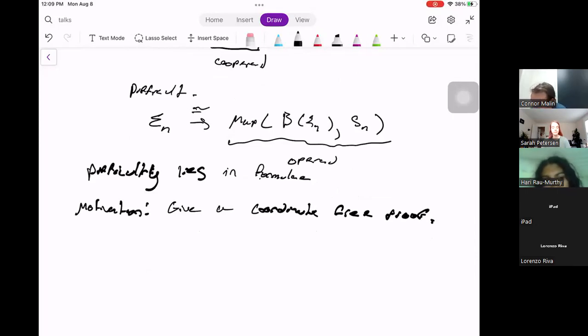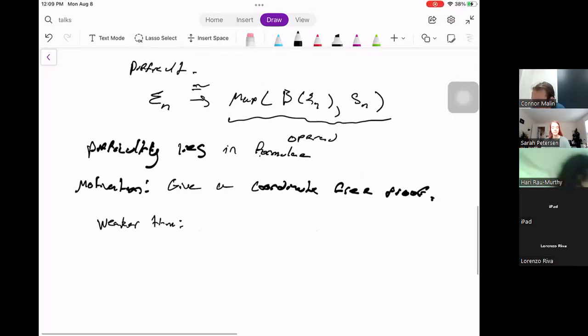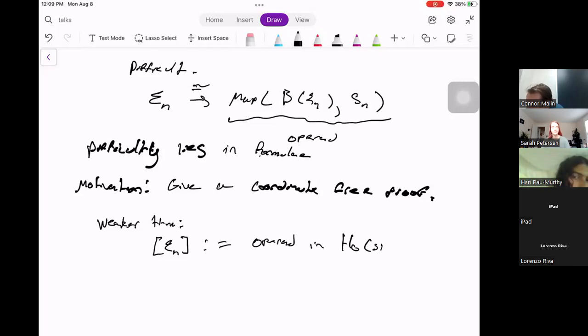Instead, let's give a weaker theorem: when I consider E_n, let me put a box around this to denote that this is equal to an operad in the homotopy category of spectra. This makes sense because the homotopy category of spectra has a smash product, and I can consider operads in it.